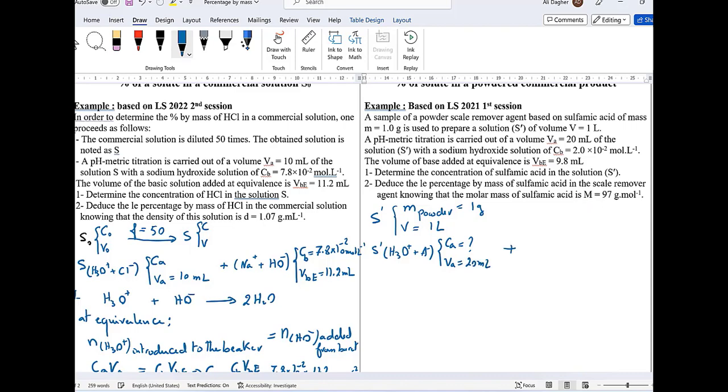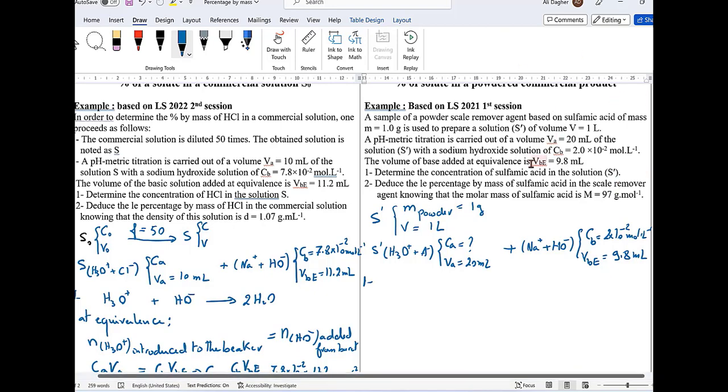We titrate this volume using sodium hydroxide solution of concentration Cb equal 2 10 negative 2 mole per liter. The volume of base added at equivalence equal 9.8 milliliter. 1. Determine the concentration of sulfamic acid in the solution S prime.